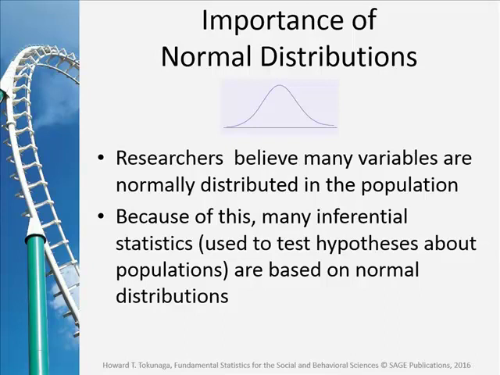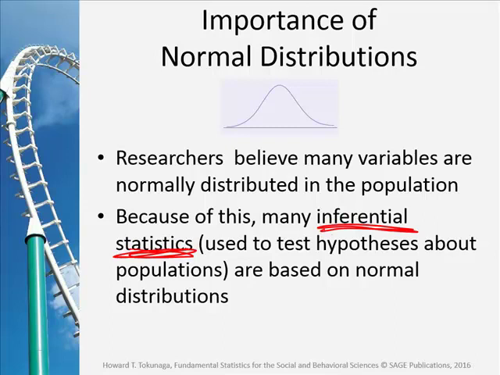It turns out lots of attributes are normally distributed in the population, and because of this, we can use the normal distribution for inferential statistics. That's what we're doing here in this class. We're making inferences.